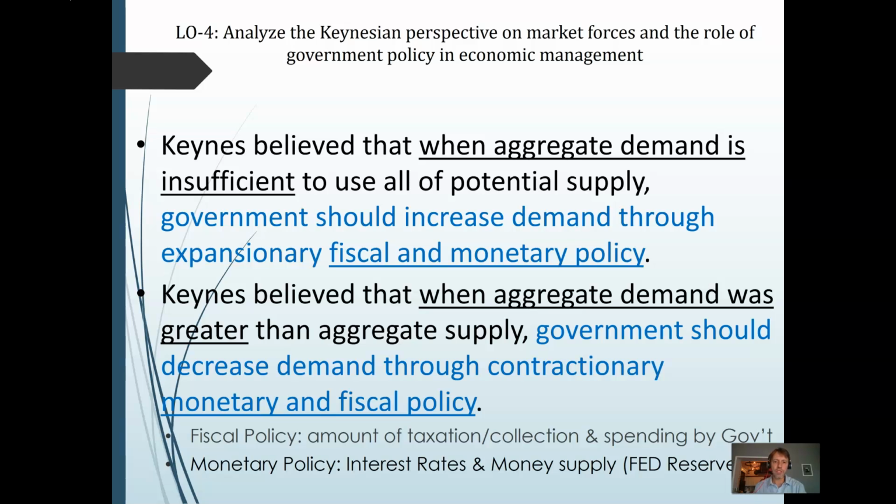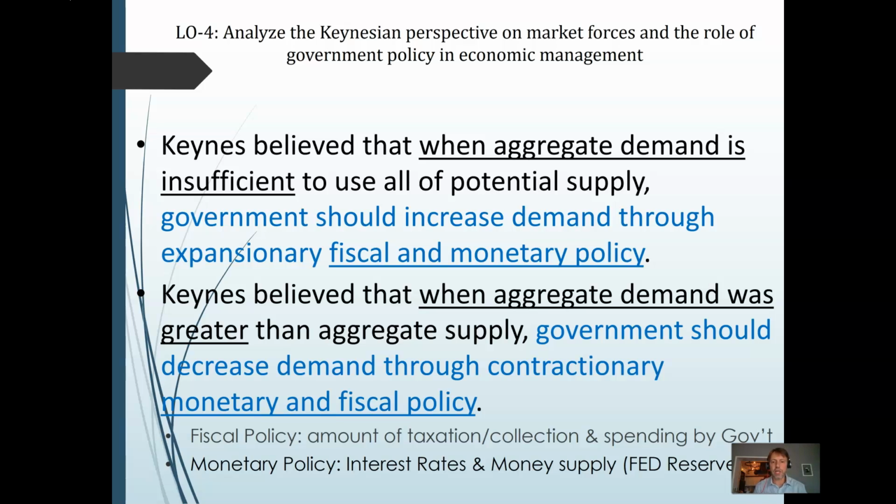That's fiscal policy. He believed that when aggregate demand was greater than supply, government should decrease demand through contractionary policy. So we would do just the opposite, where we would add taxation so that there was less money to be spent by individuals and businesses, and we could decrease the size of the government budget to lower aggregate demand.